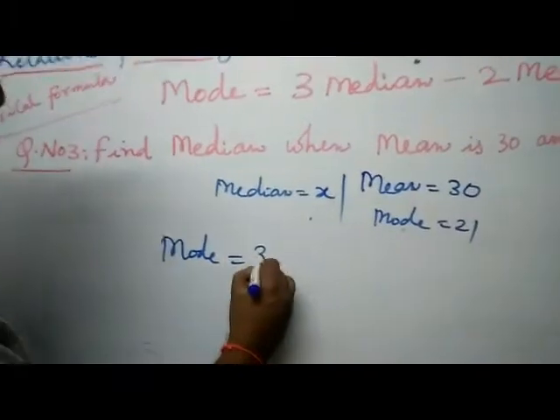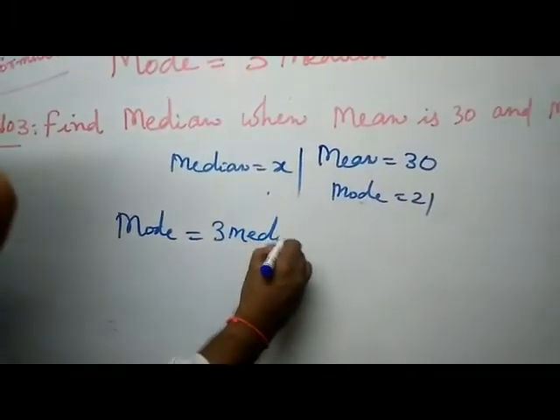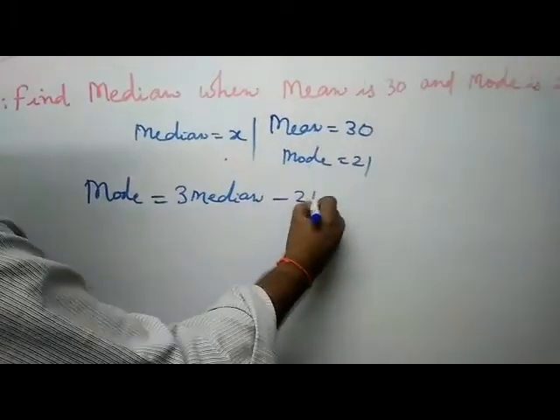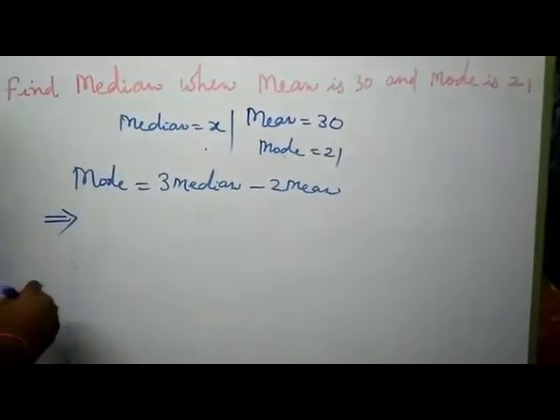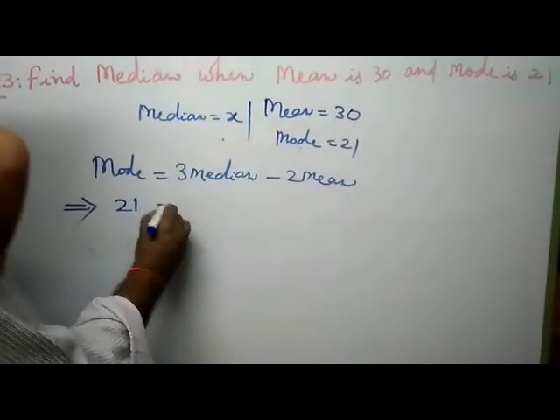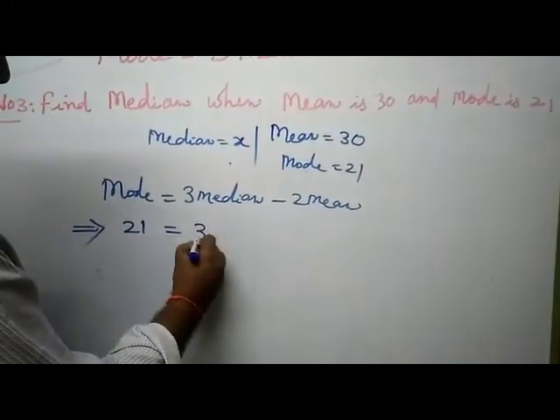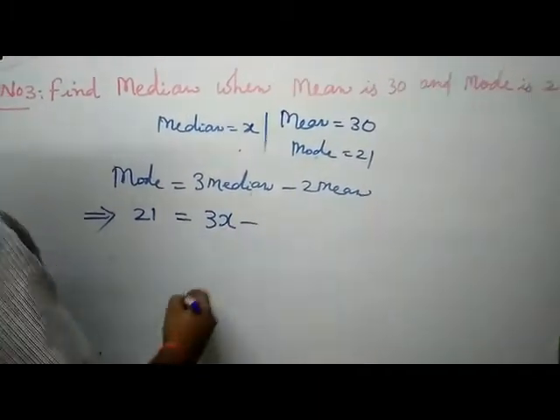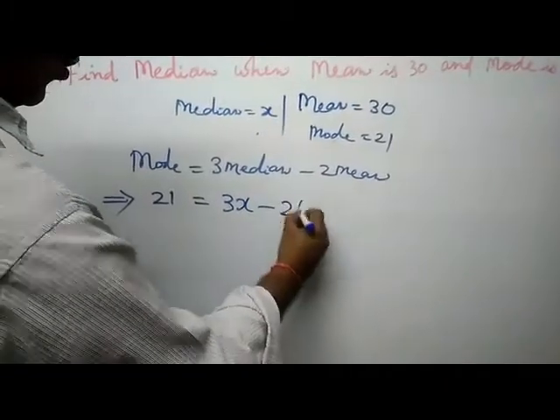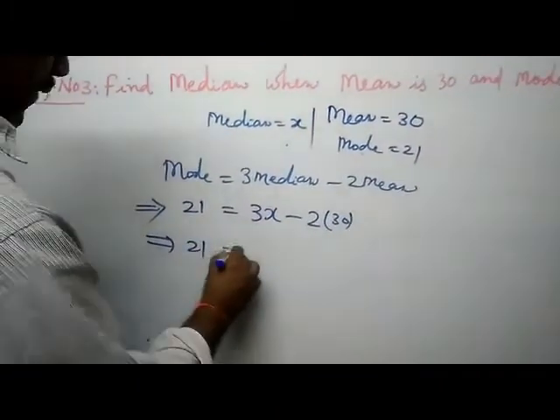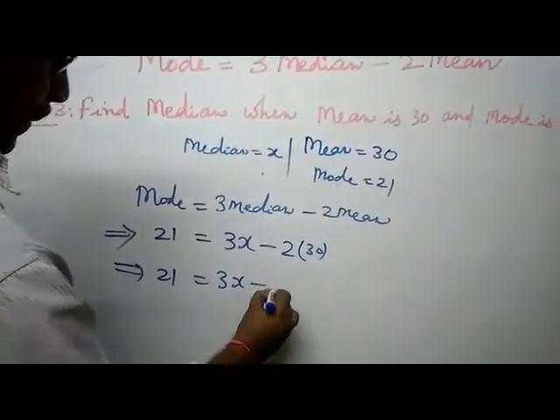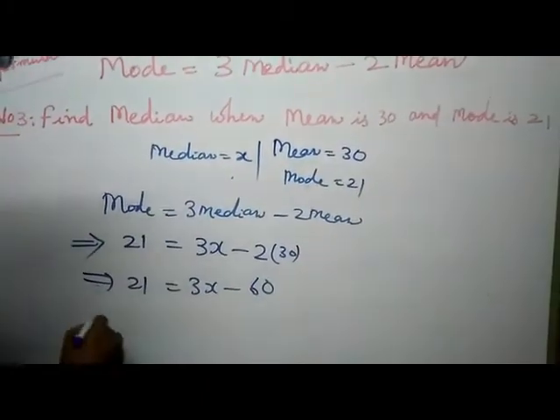Mode is equal to 3 into median minus 2 into mean. That implies mode is given, 21. Median is not given, that's why 3 into x, 3x, minus 2 mean, 2 into 30. That implies 21 is equal to 3x minus 60.